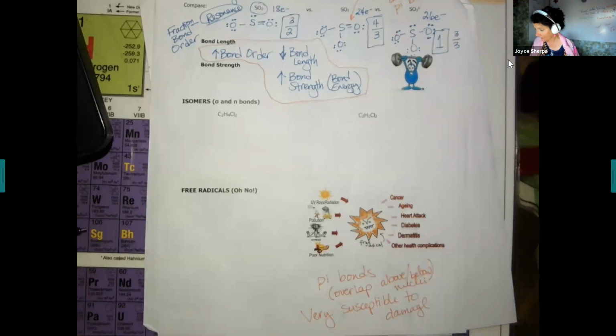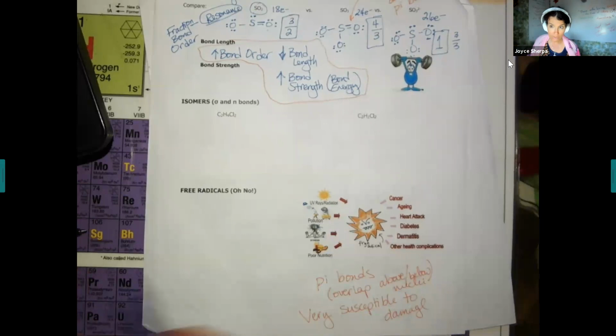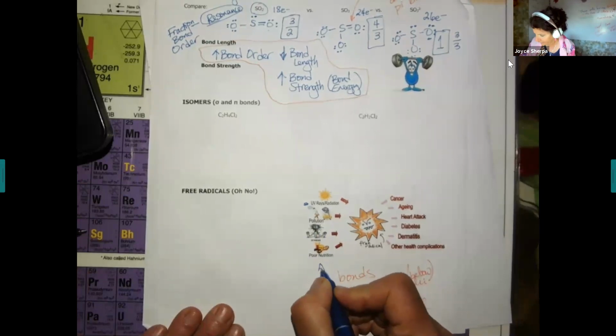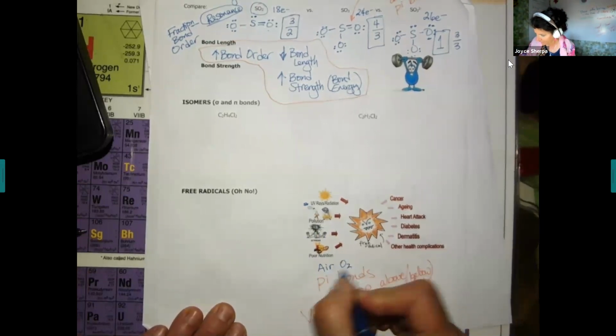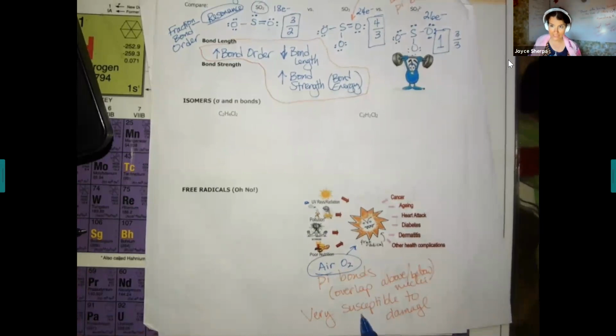They get damaged by ultraviolet rays or X-rays, pollution, because free radicals will cause damage. So light, oxygen, you know, that's missing from here. Air, oxygen is one of the biggest causes of free radicals and damage to this.